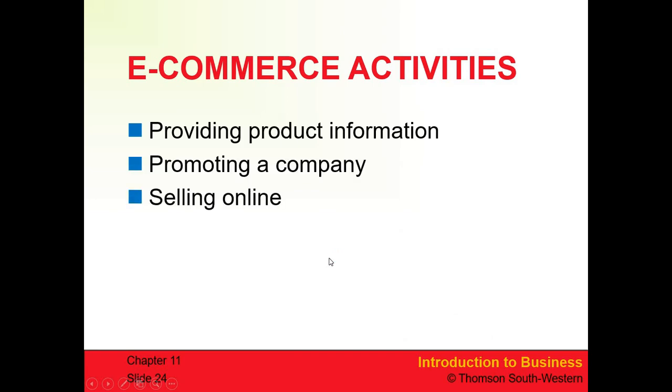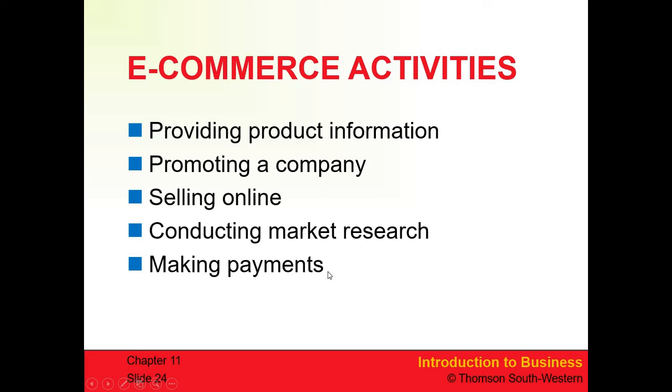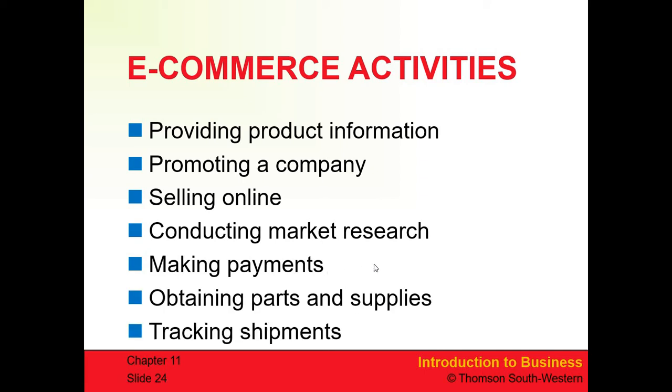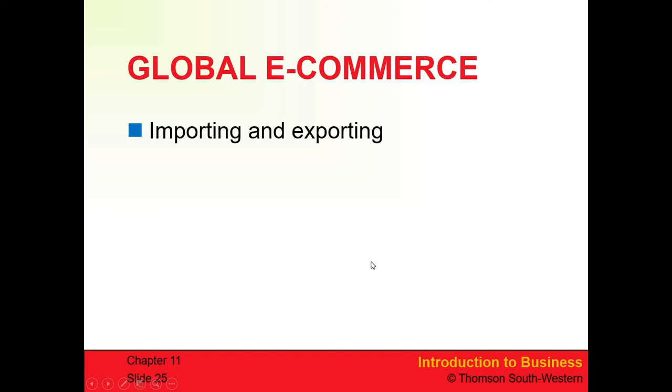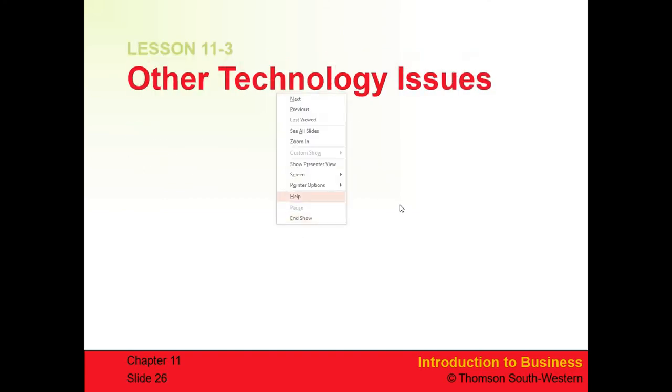Product information, I can go online and get that stuff. Promote a company, I can sell online. I can do research. I can make payments. Obtain parts and supplies. Track shipments to see where everything is. I can buy stuff in other countries. I can import. I can export. I can video conference with people from other areas.